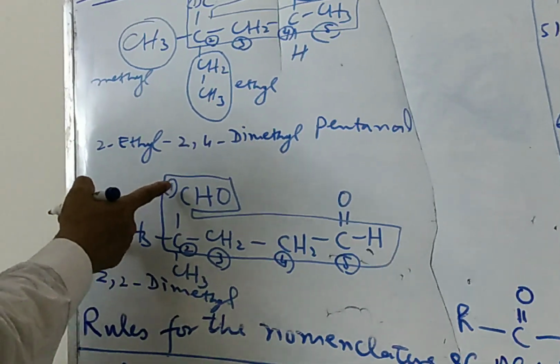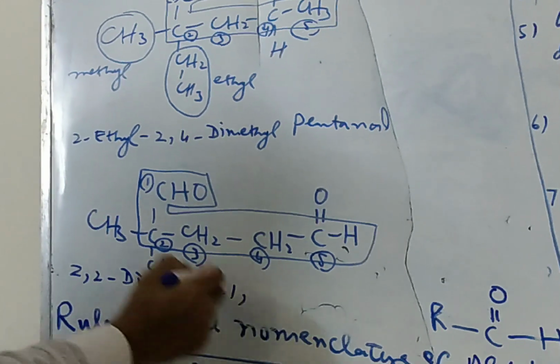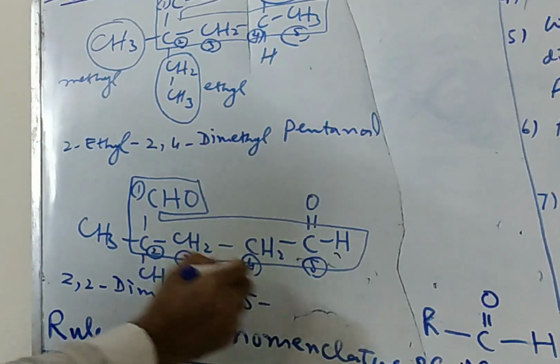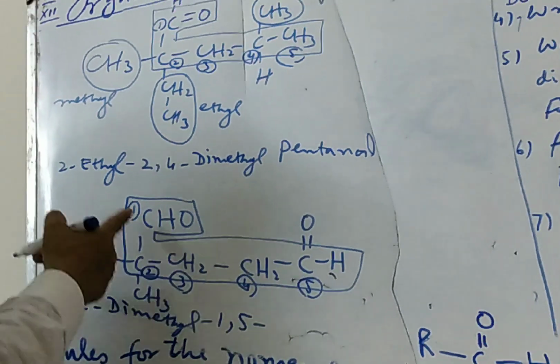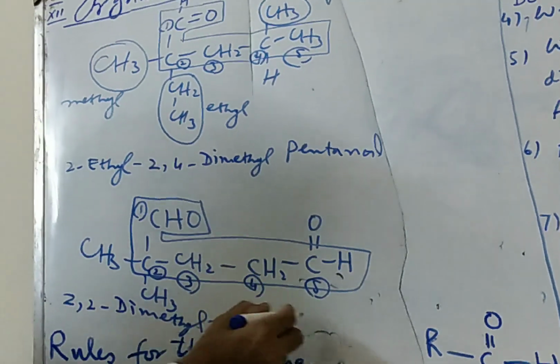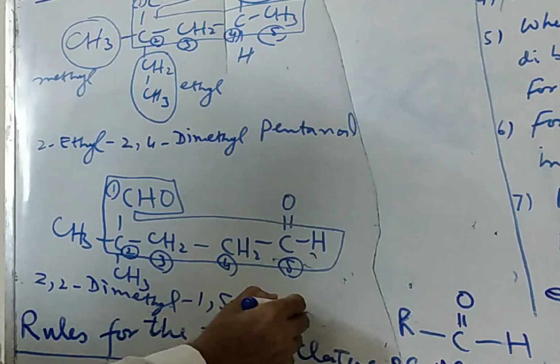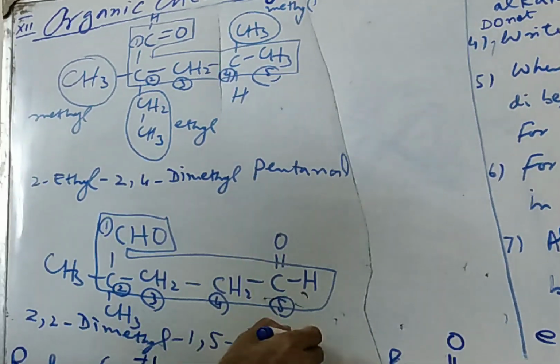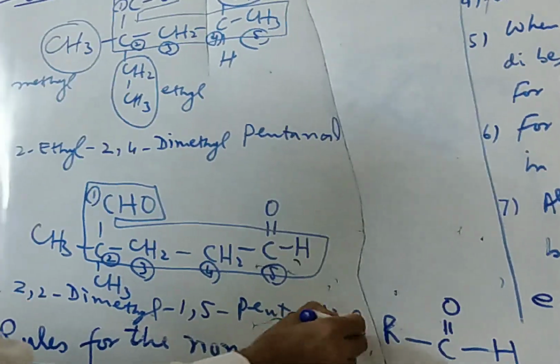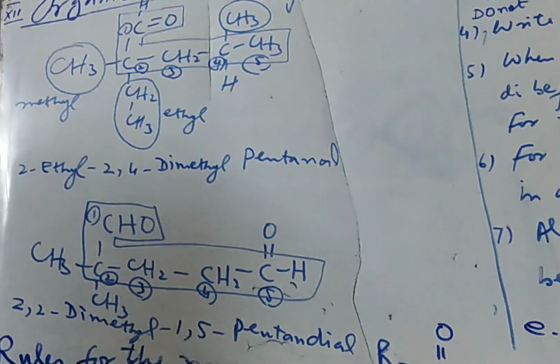So in this case, it is the 1 and this is the 5. We have two aldehyde groups, but the total chain is 1, 2, 3, 4, 5. 5 means pentane. So we have two aldehyde groups, that is dial. This is the nomenclature of the aldehyde group.